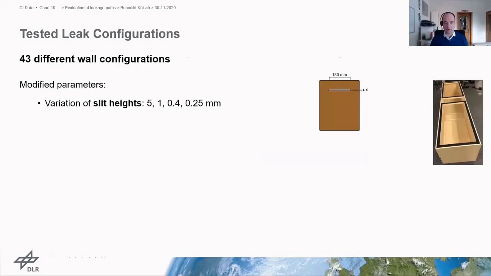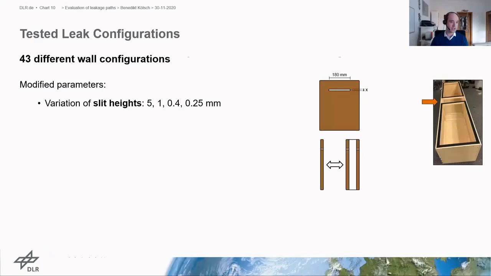For all these configurations, we put a wooden plate between both of these chambers with a slit in the upper part of the plate. And for all configurations, this slit had a fixed length of 180 millimeters. But first, we investigated different slit heights here. The largest one was 5 millimeters, and the lowest one was 0.25 millimeters high.